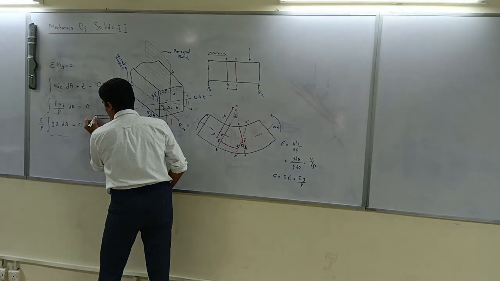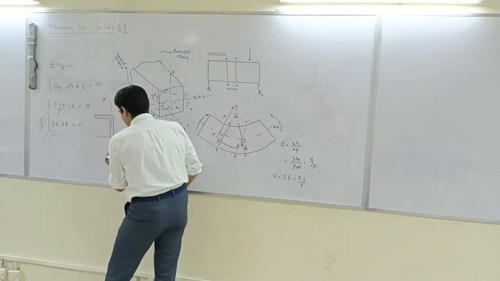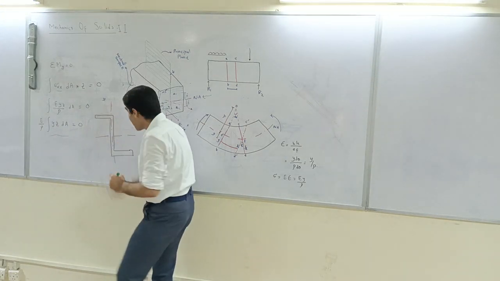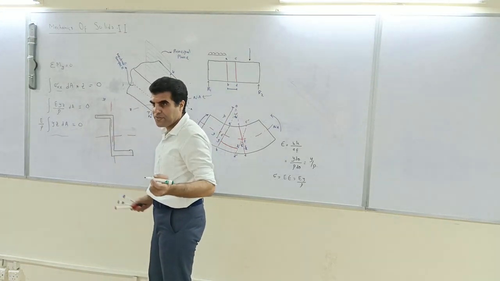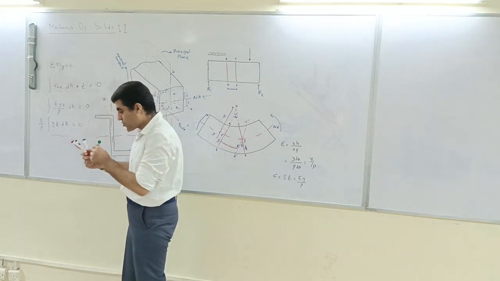We have got an element over here. Is there any element over there? No. We have got an element over there. Is there any element? No. So that means this is not the principal axis. This axis is not principal.